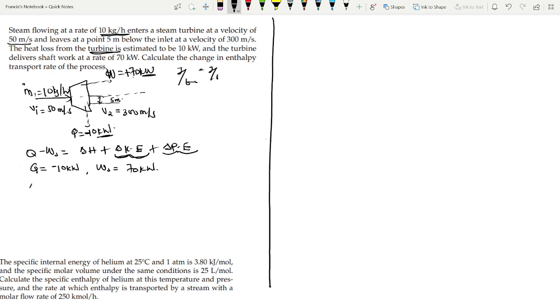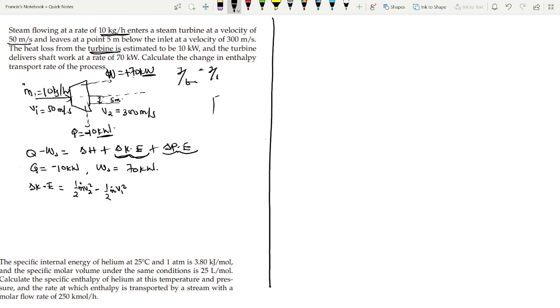So let's evaluate our kinetic energy. It's better you solve them separately. You know kinetic energy is supposed to be half m v squared. So far as you are looking at the change, you are going to do half m v2 squared minus half m v1 squared. Now let's take note of something. I want us to clarify certain things here.